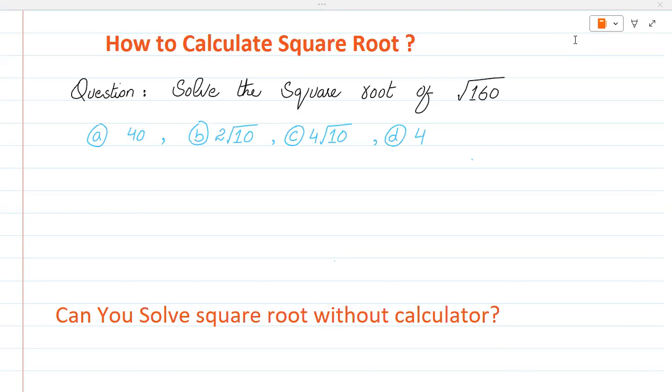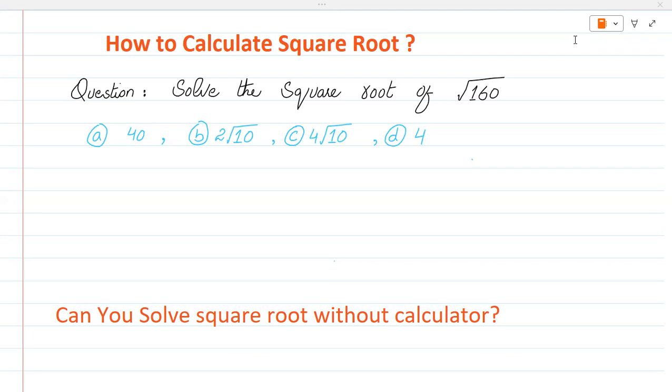Our today's question is about how to calculate a square root without a calculator. In exams, you can find a square root with a calculator, but sometimes the answer options are not in decimal form, like in this case. Here we have to solve the square root of 160.